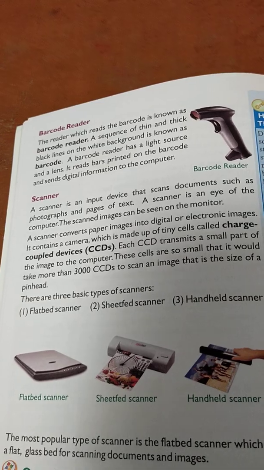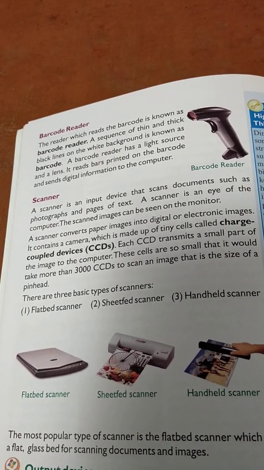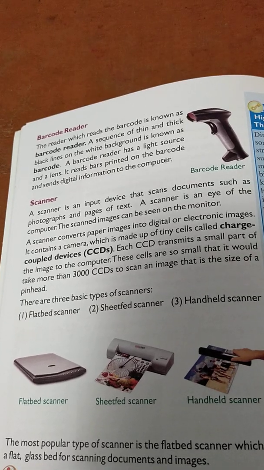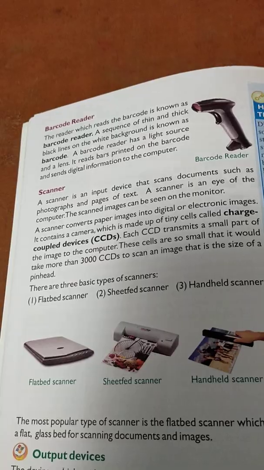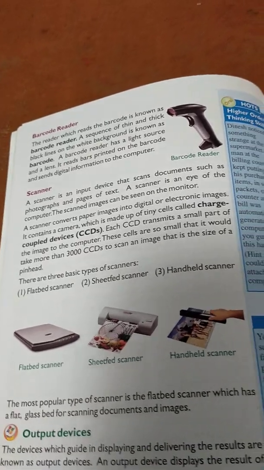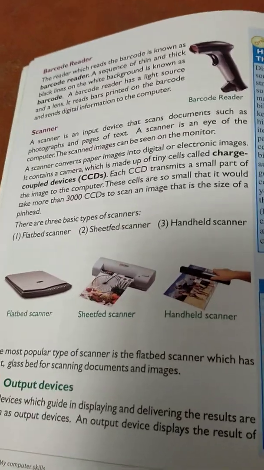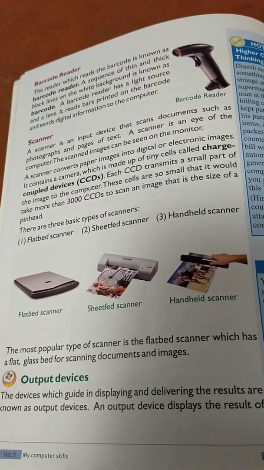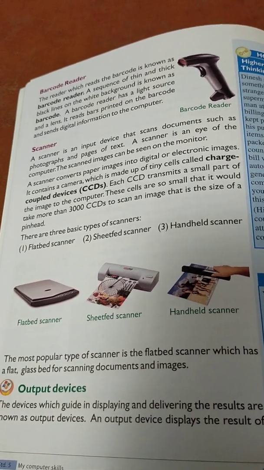And then the handheld scanner. You can use the scanner in your hand. You can place it over the photos or documents, and it will be scanned and fed into the computer. Most of us are using the flatbed scanner, which has a flat glass bed for scanning documents and images.